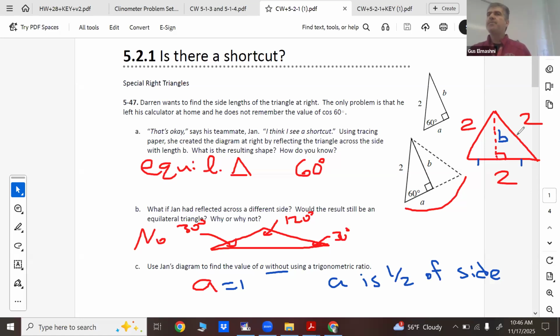How are you going to solve for B? 1 times 1 squared, sure. Were you doing the geometric mean? I don't know if that would work.